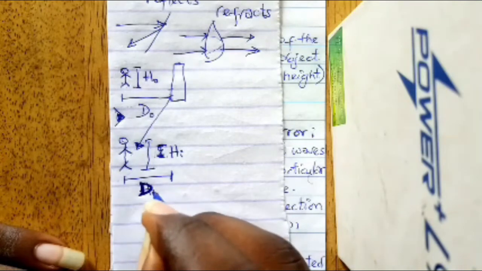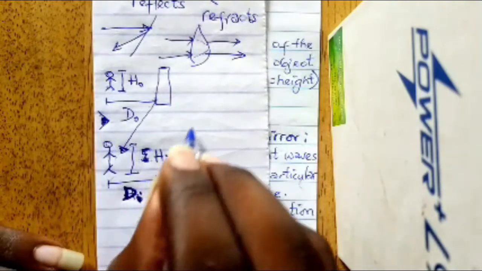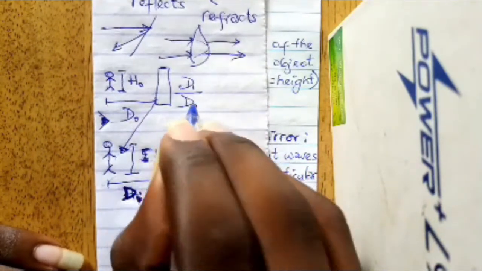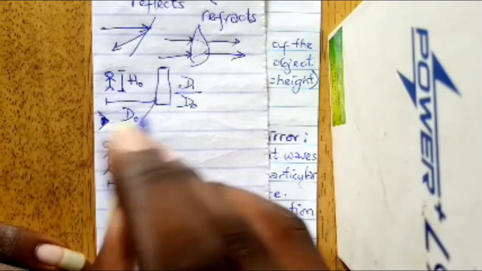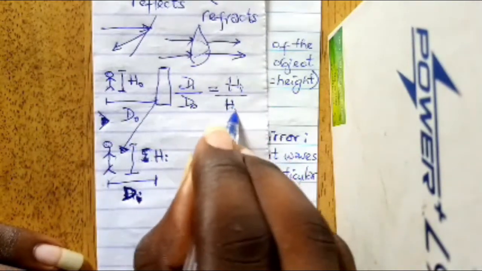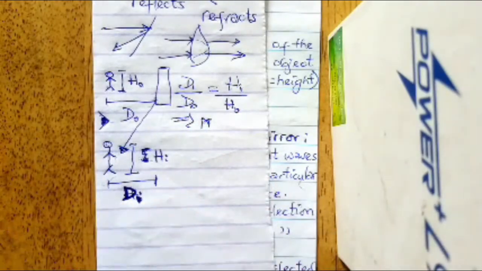So the relationship between the image distance over the object distance and the image height over the object height gives us the magnification of the mirror or the lens.